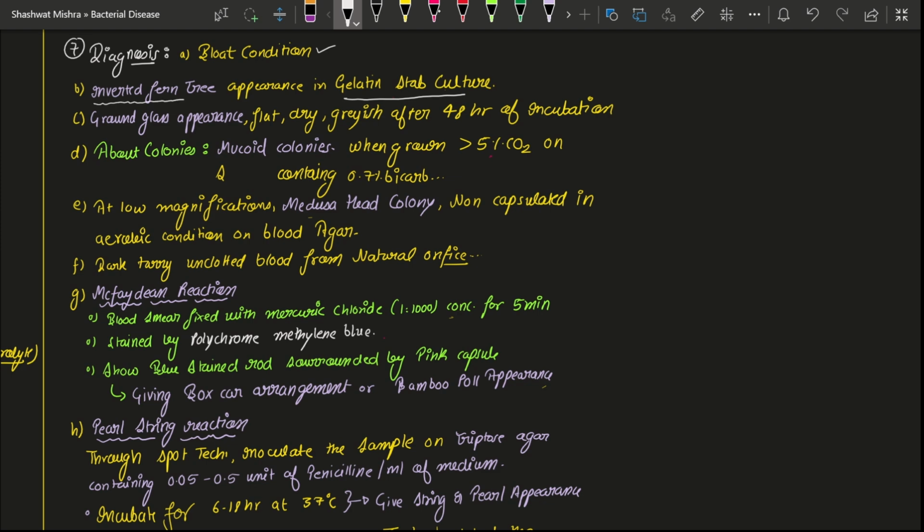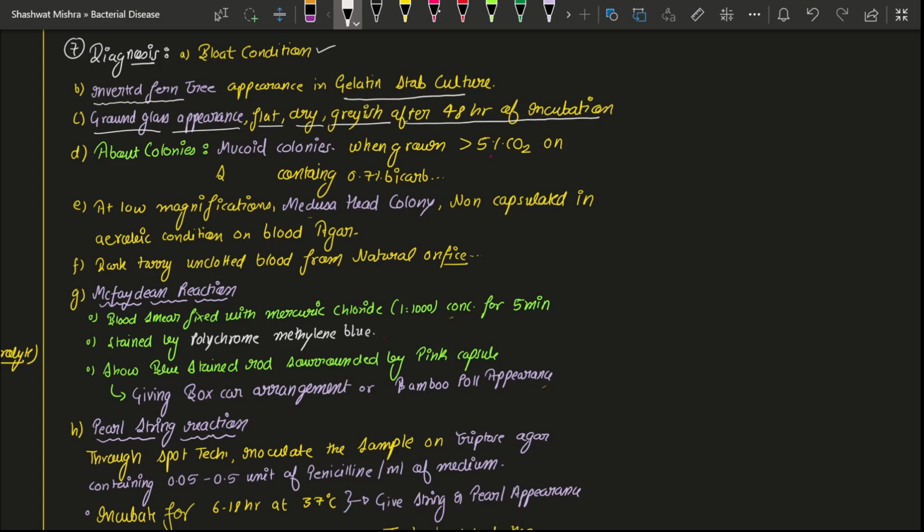It is important to note. There are several important points in the diagnosis of anthrax. There is a ground glass appearance, with a flat, dryish, grayish colony after 48 hours of incubation.